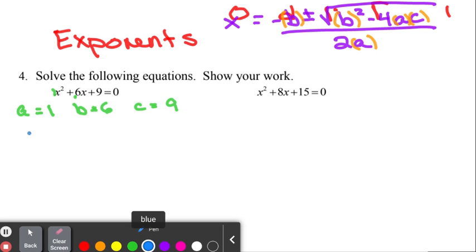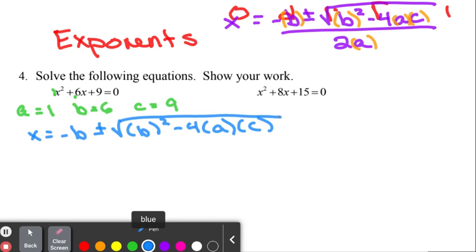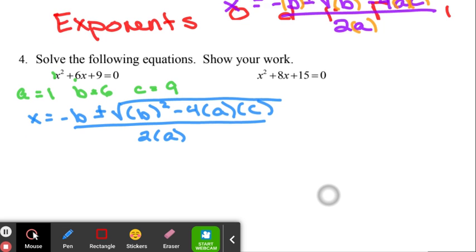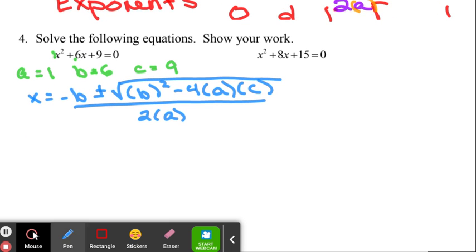So I'm going to write my quadratic formula, negative b plus or minus the square root of b squared minus 4 times a times c. And this whole side is over 2 times a. Make sure you write this. That way, if you make a mistake, you can still get a few points here and there.